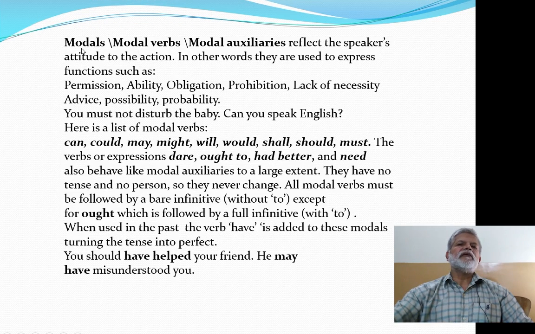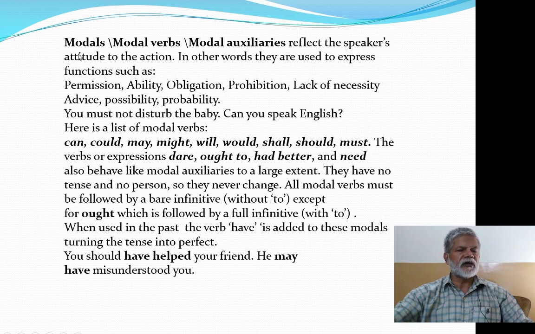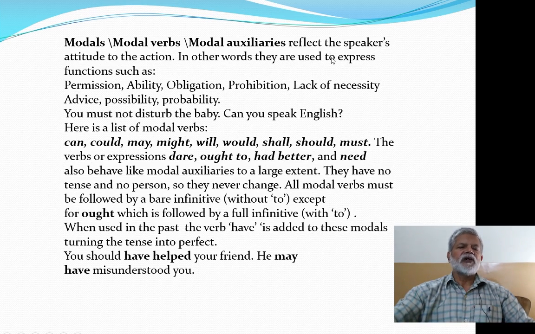Well, then there are modals, or modal verbs, or modal auxiliaries. The three terms are used for the same type of verbs. They basically show the speaker's attitude to the action.